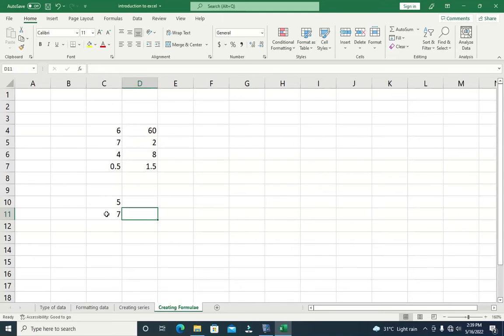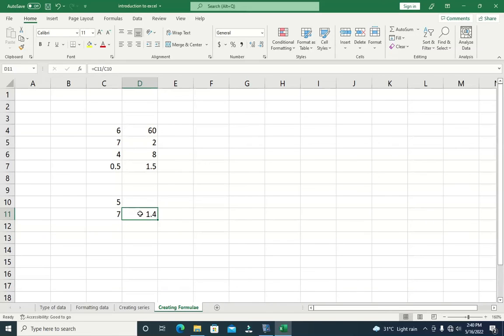Instead of writing the figures down, this cell should be equal to this number, then the division sign, then this cell. This second cell we've selected is in red color, so that it can differentiate between the one we selected earlier and the one we selected later. The moment you press Enter, the answer comes. So when we divide 7 by 5, you get 1.4. That's what Excel can do.